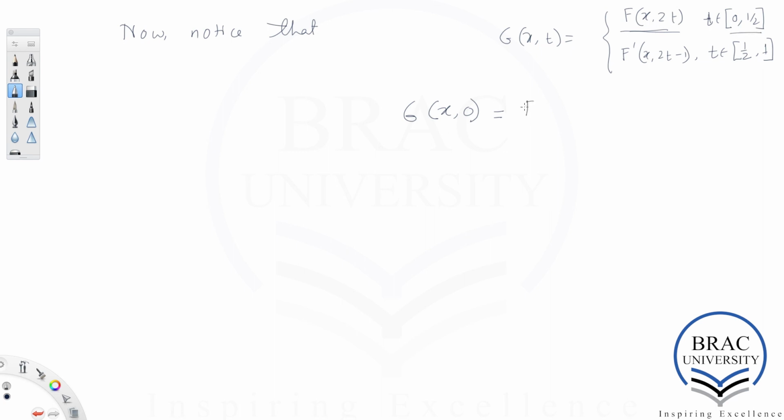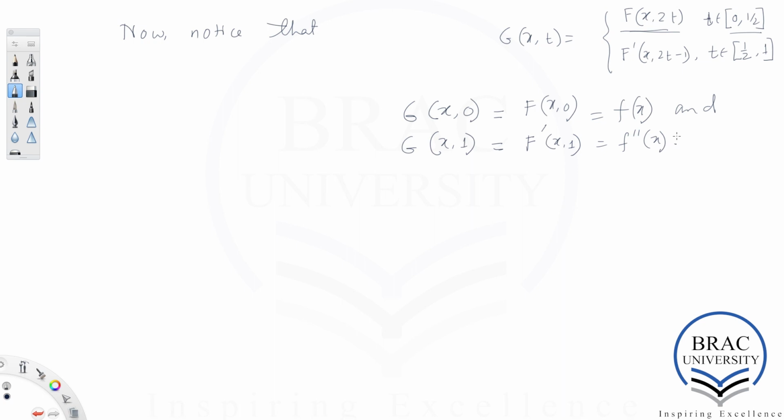So this is f of x comma 0, which is f of x, which follows from our previous discussion, and g of x comma 1 is equal to big F prime of x comma 1. Okay, and big F prime of x comma 1 is going to be f double prime of x.